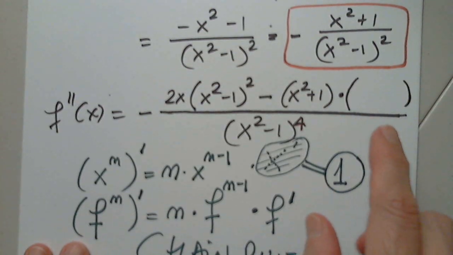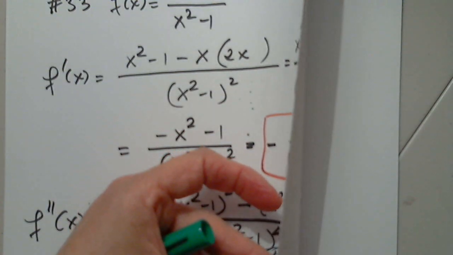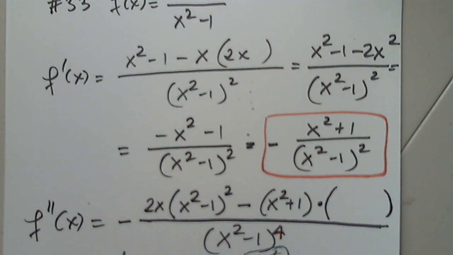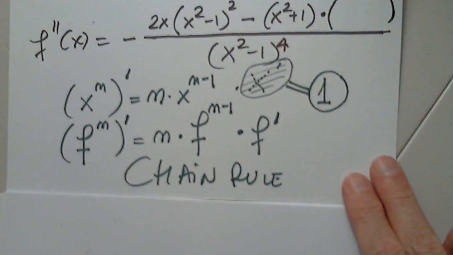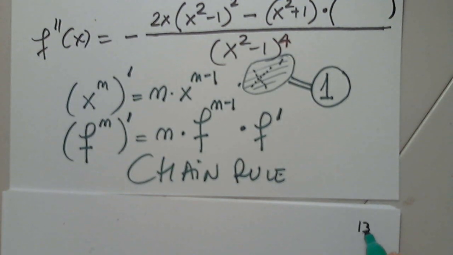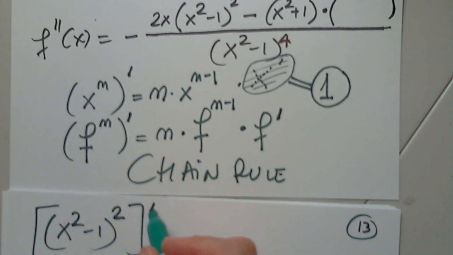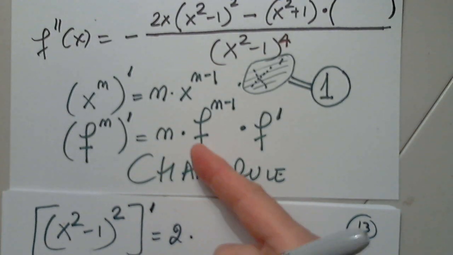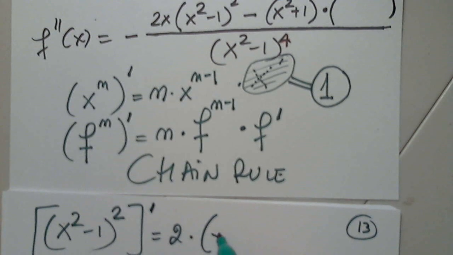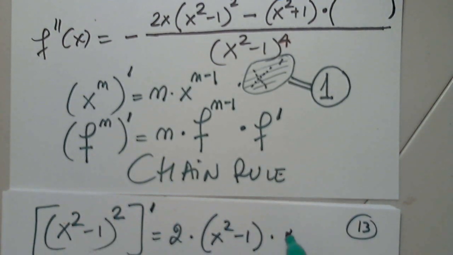So now I need to show you how to differentiate x squared minus 1, squared. Yes, we can distribute and then expand and then differentiate, but who does that? Nobody. Okay. So based on this, the derivative of x squared minus 1 squared is 2 comes in front, times the function to the 2 minus 1, times the inner function prime, which is 2x.